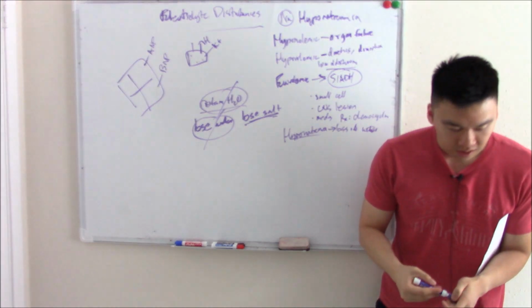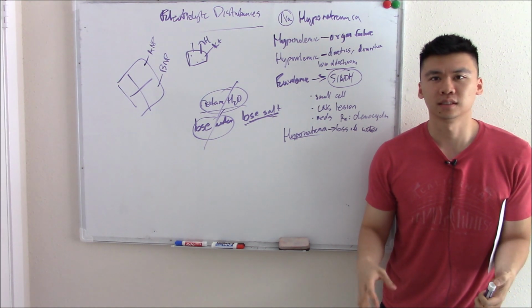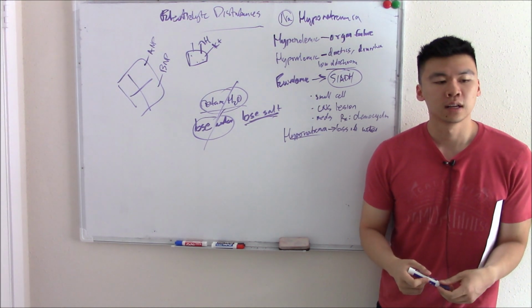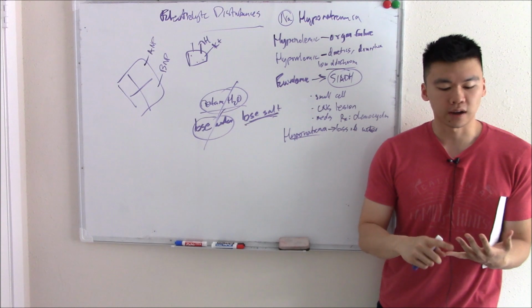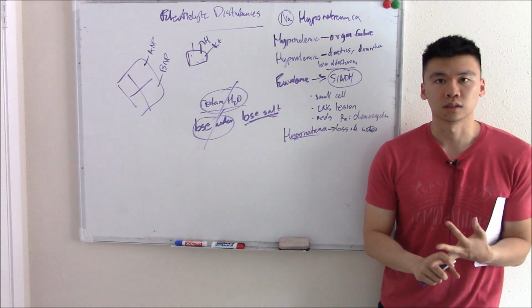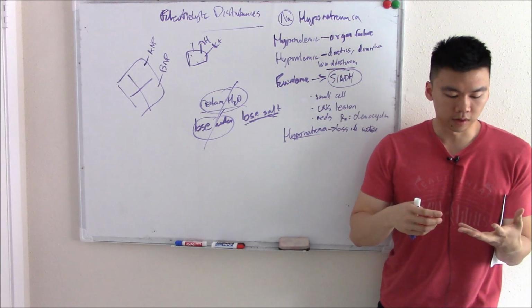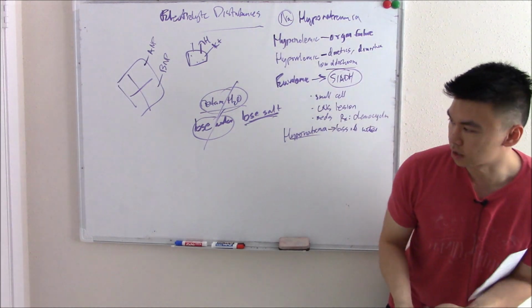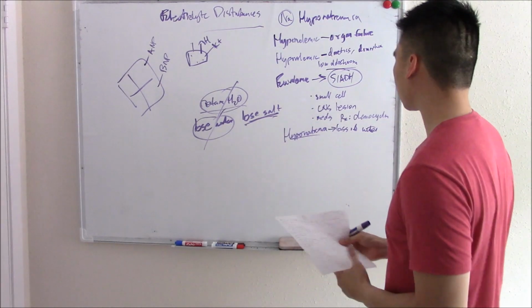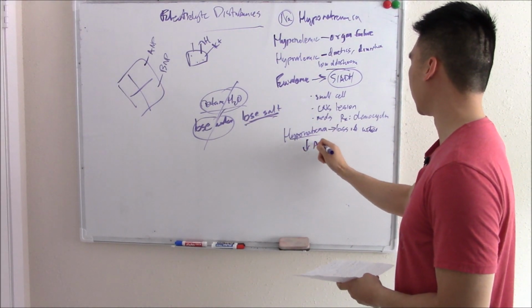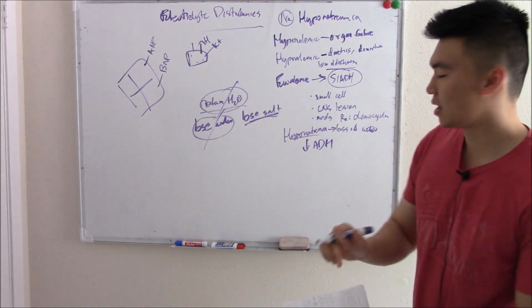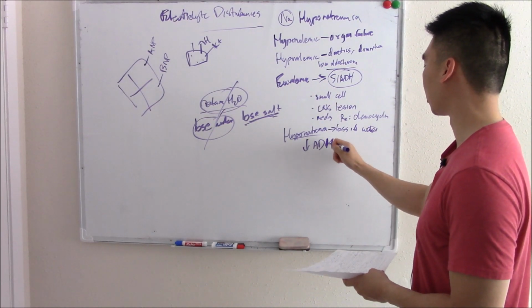If you're losing a ton of water in your urine, does that mean you have a lot of ADH or no ADH? But what does ADH do? It retains water. So if you're not doing that, then you have no ADH. So something's wrong with ADH. You have low ADH. That's just one of the causes. And this is one of the most important causes, so I'm just going to harp on this a little bit more.